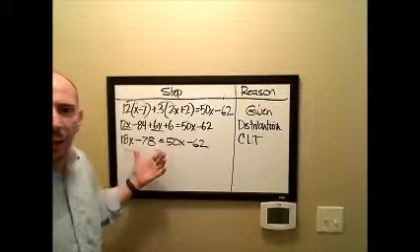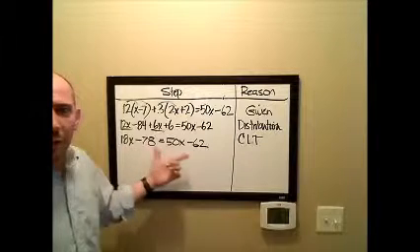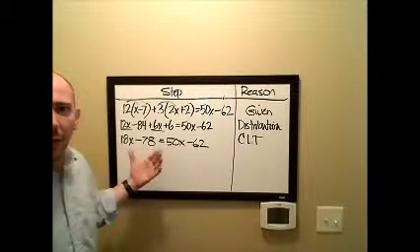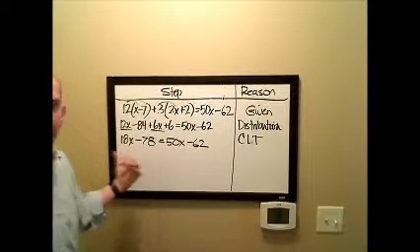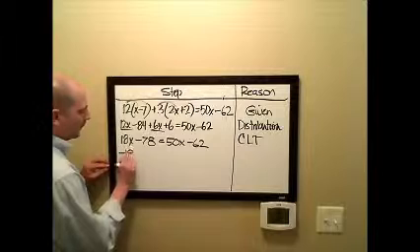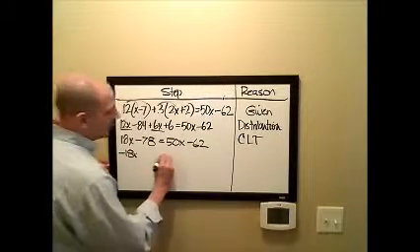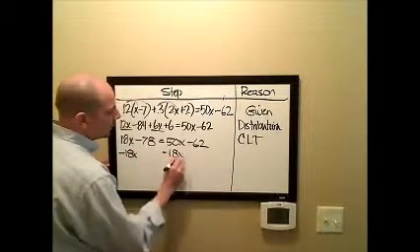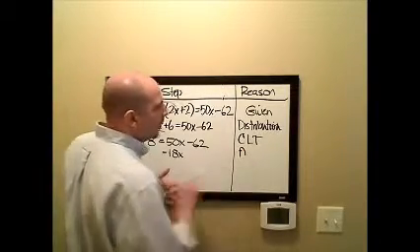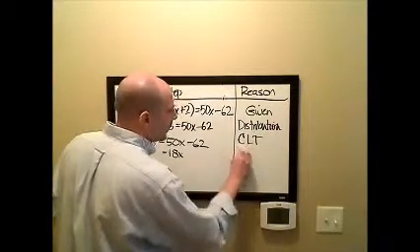So here's what I'm going to do: I'm going to move the 18x over using the addition property, or subtraction property if you prefer that. Okay, so I'm going to add the opposite of 18x, which is negative 18x. I'm just going to call it the subtraction property for today.